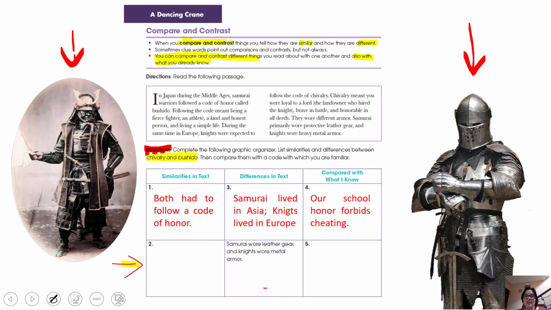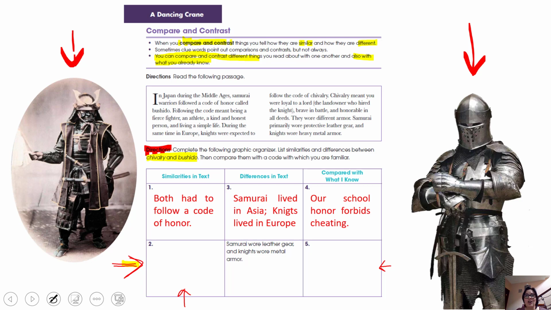Samurai wore leather gear and knights wore metal armor. So in here you are talking about what? Uniforms. So tell me in here now, what do you know about uniforms? So you have to compare with something that you already know. What do you know about uniforms in your days? And in here, remember that you have to look for another similarity that both of them have. And that's all you have to do for this page. Easy, right? I already helped you in most of the page.